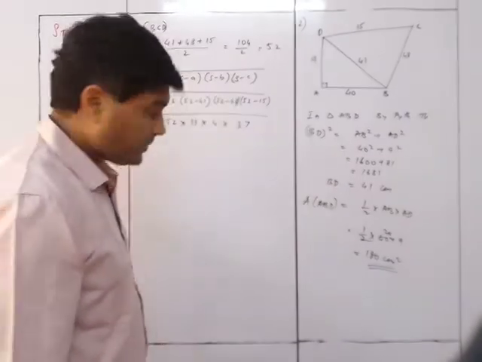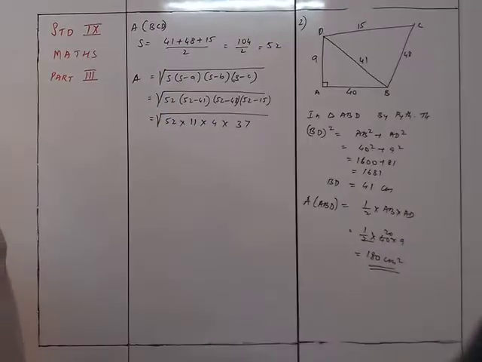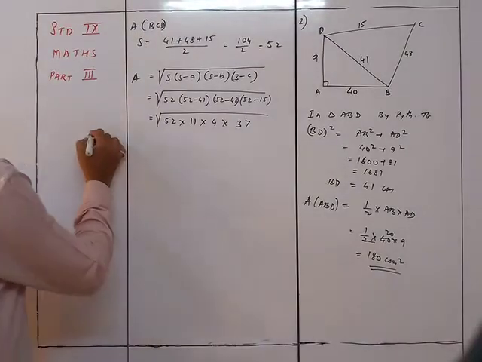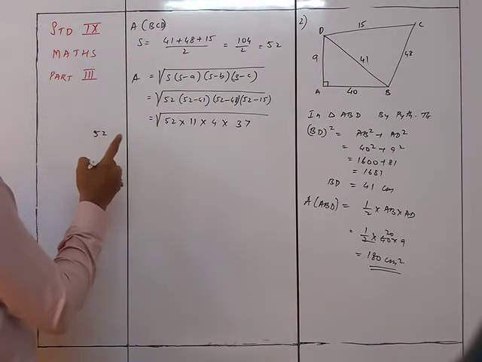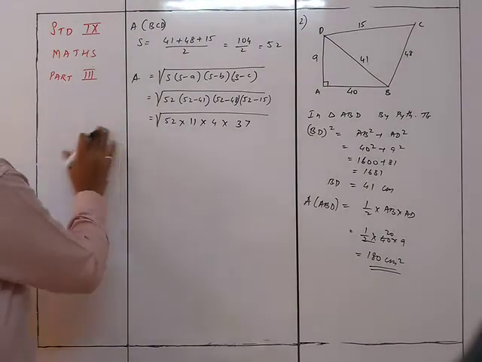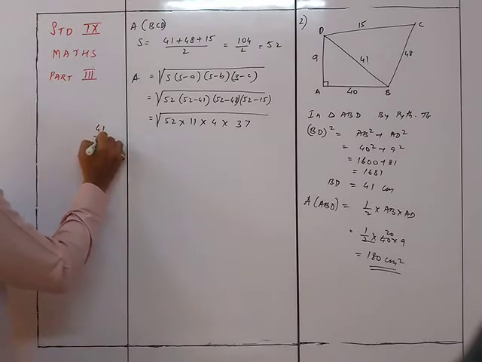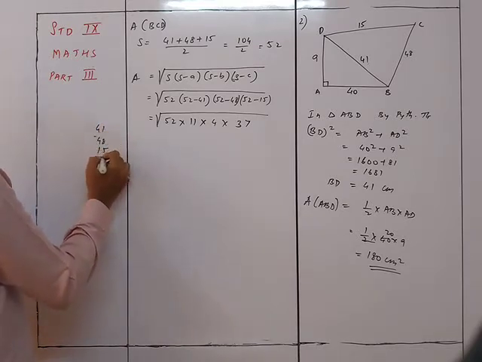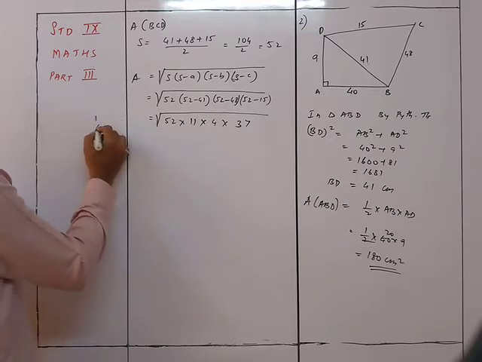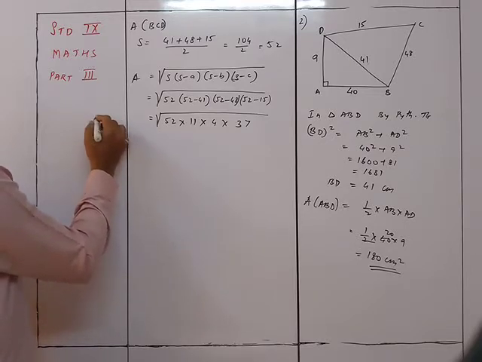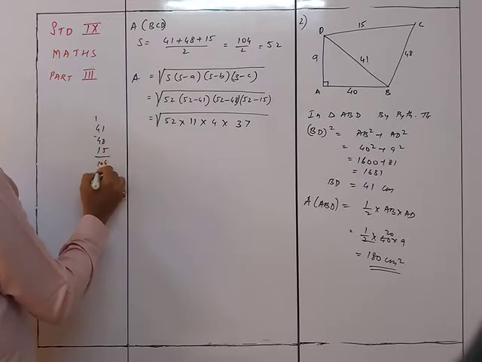Okay. Where did 37 come from? Let me check it out. One sec. First let me check this one. 41, 48 and 15. Yeah, 104, so 52 is correct.